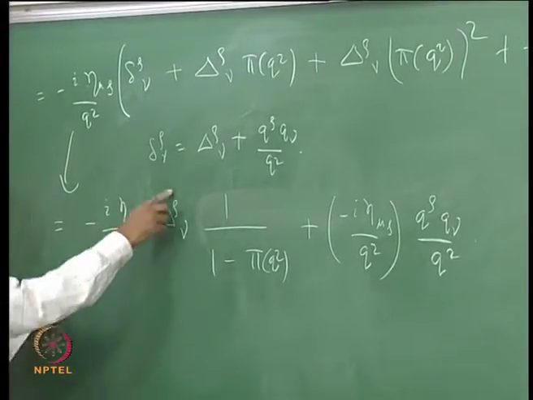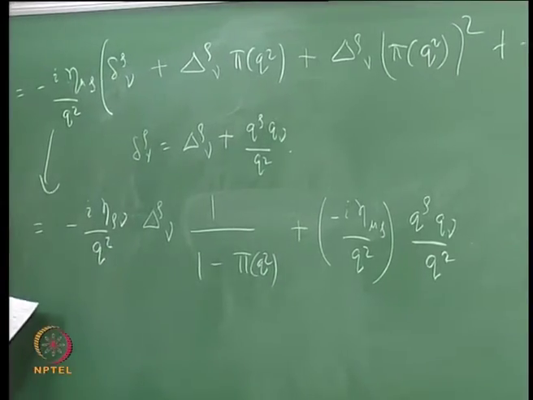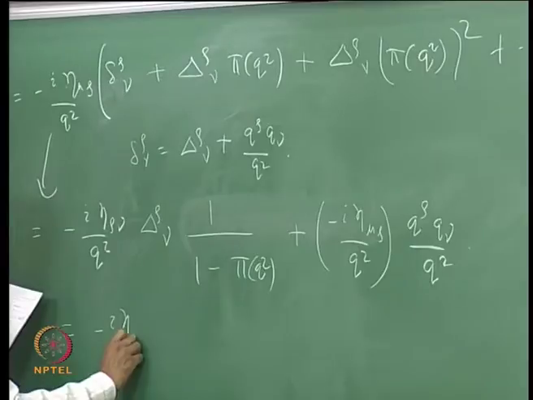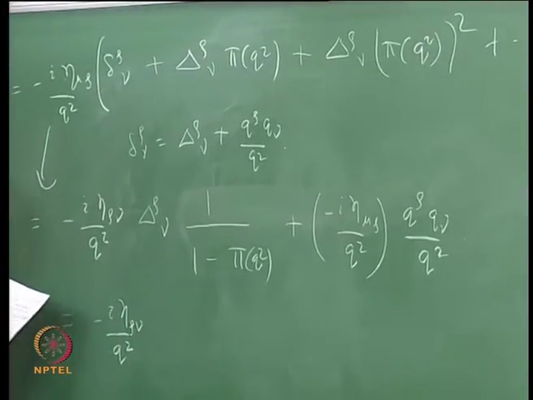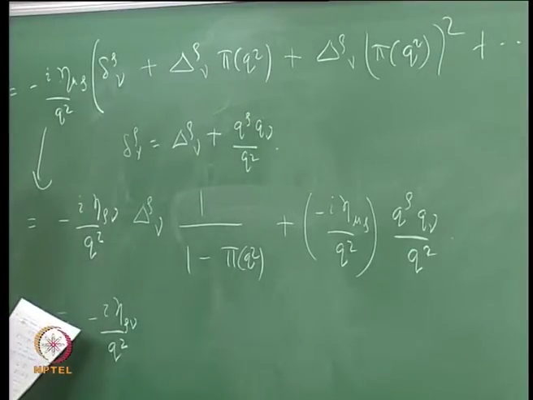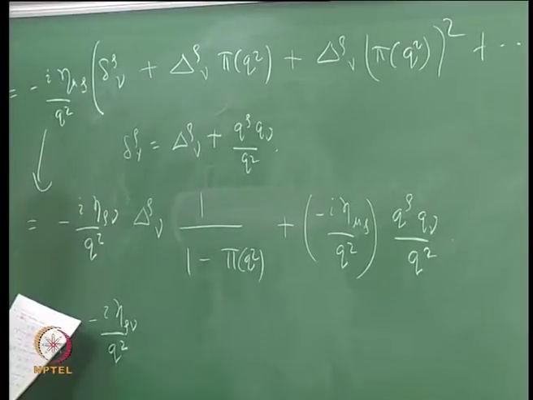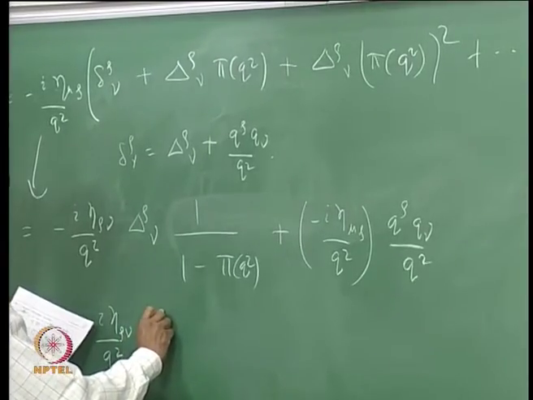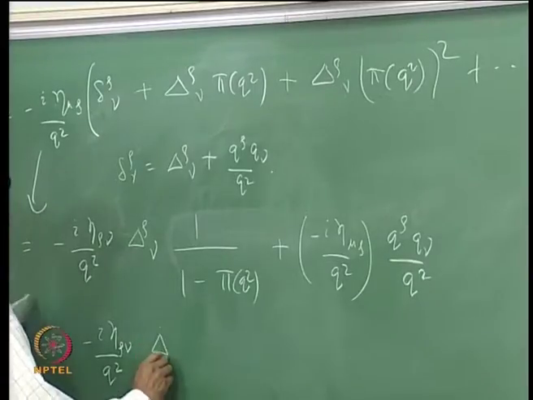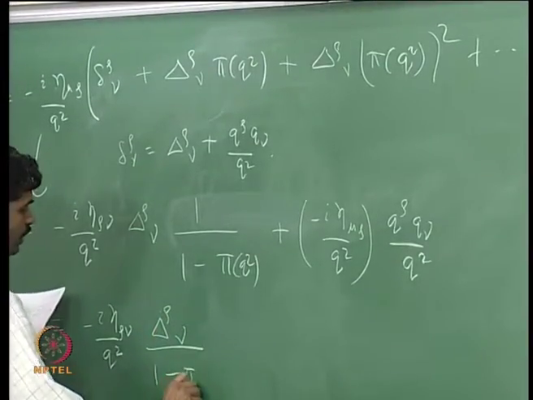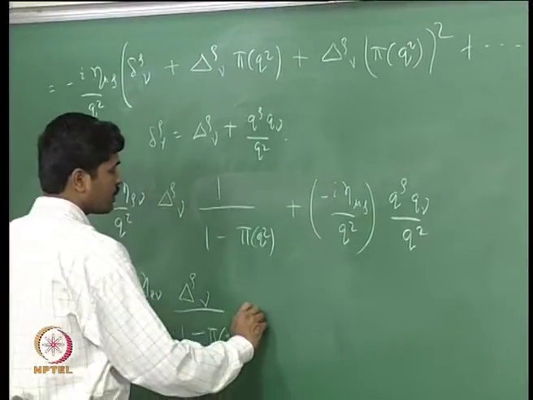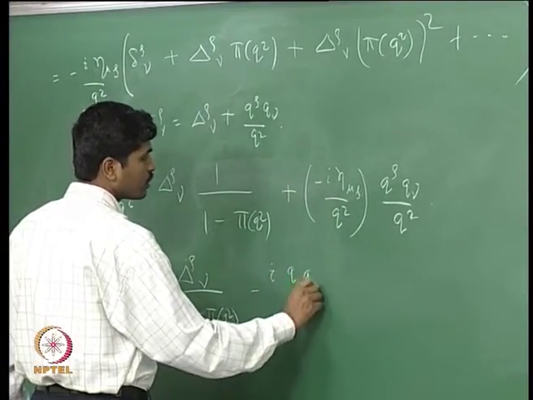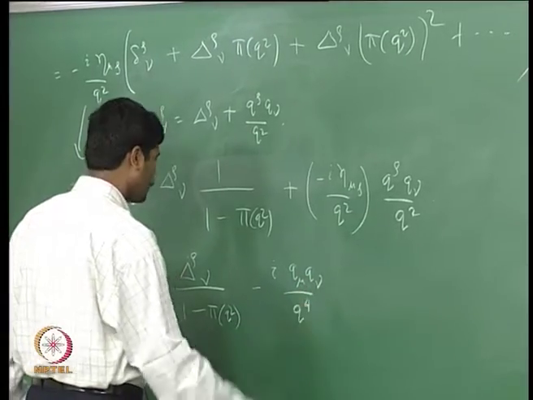All right. So, what I have here is simply minus i eta mu rho over q square, delta rho nu divided by 1 minus pi of q square, and here minus i, this can contract and it will give me q mu q nu divided by q to the power 4.